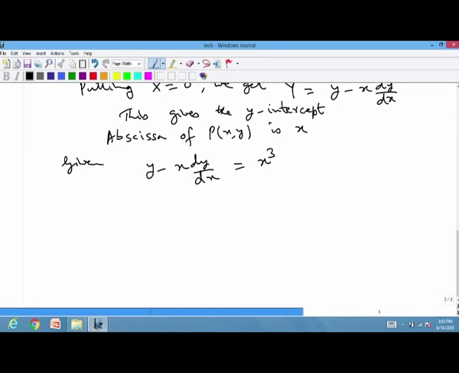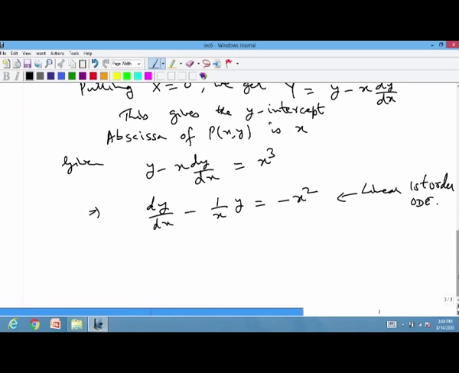This can be rewritten as dy dx minus 1 by x times y is equal to minus x square. We divide the equation by minus x to get this. Now, this is a linear first order ODE.